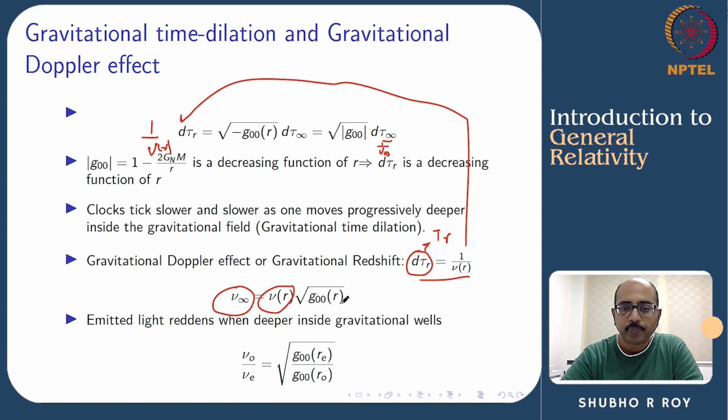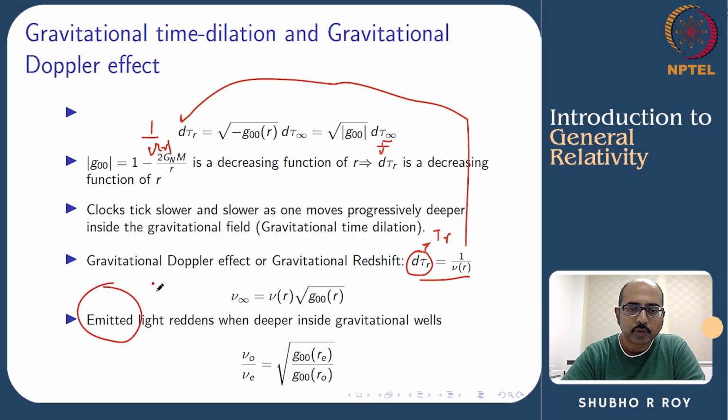So this tells you that because g00 again is less than 1, the frequency will be shifted. Let's consider a situation in the Schwarzschild geometry. So this is spherical symmetry, and there is some location which I'm calling E, where I'm emitting light.